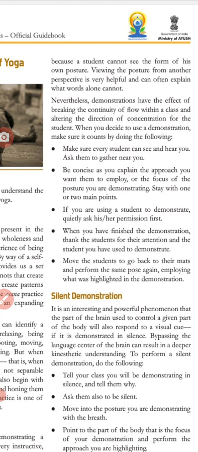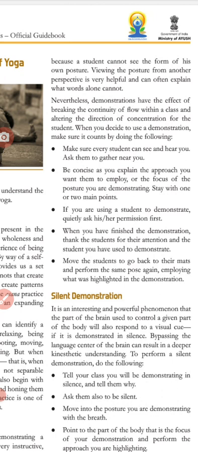Be concise as you explain the approach you want them to employ or the focus of the posture you are demonstrating. Stay with one or two main points. If you are using a student to demonstrate, quietly ask his or her permission first. When you have finished the demonstration, thank the students for their attention, and the student you have used to demonstrate.